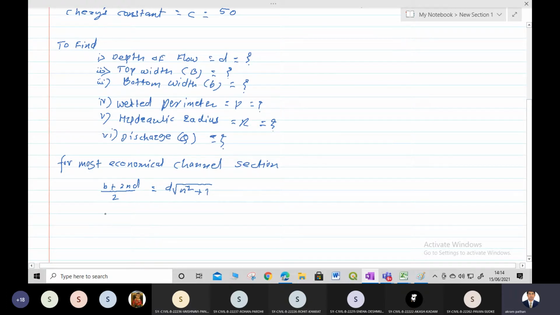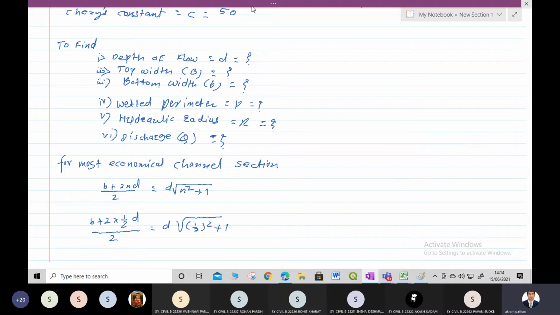Then what we have to do now? b plus 2 into the value for n, which is given 1:2. So half d divided by 2, which is equal to d under root half square plus 1, because the slope is given.